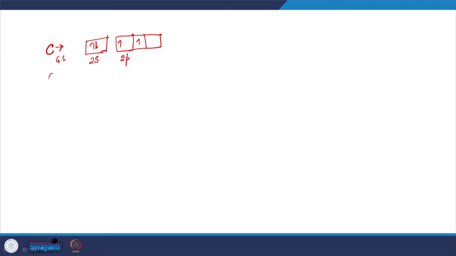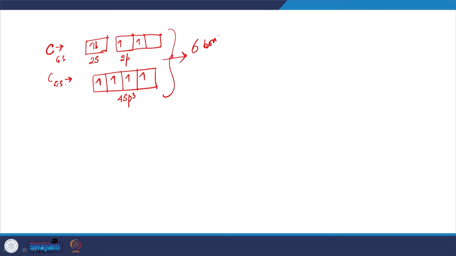In its excited state, it forms 4 sp3 orbitals and they do the formation of the sigma bonds.